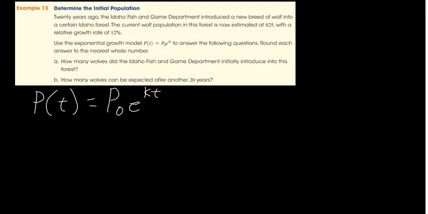So how many wolves can be expected after another 20 years? That tells me that t is going to be 40 now, right? Because we're 20 years after the initial drop, and then 20 more years. So this is going to be P of 40. t is equal to 40, and that's equal to P naught, which we said was 75, times e raised to the k, which remains the same at 0.12, times t, which is 40 total.